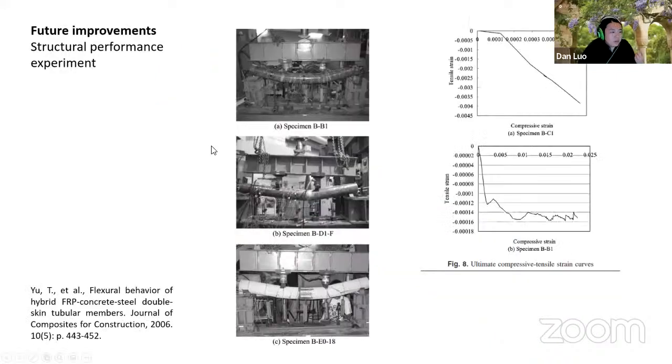We are currently working on a few structural tests to compare those laminated tubes with industrially produced reinforcement, because this lamination is not as tight as what you would expect from the traditional industrial way of fabrication, basically rolling and tightening on a formwork.